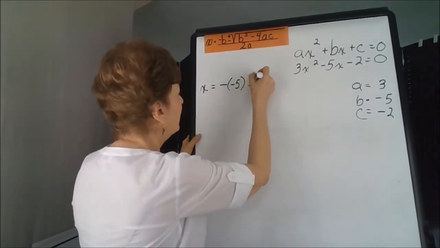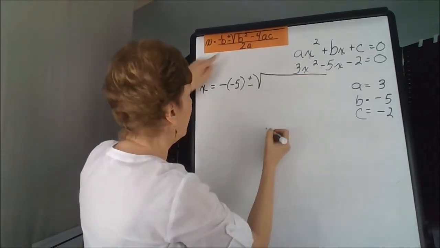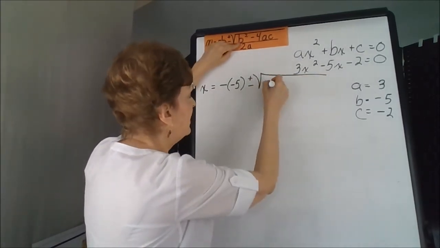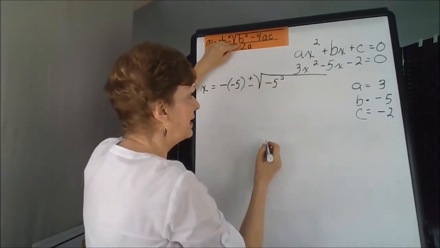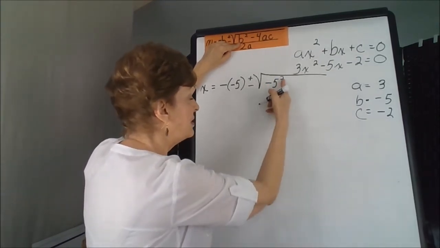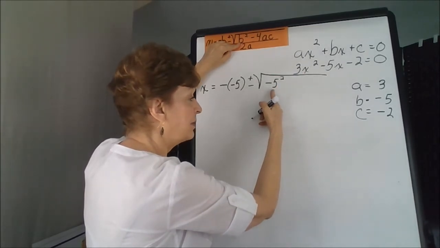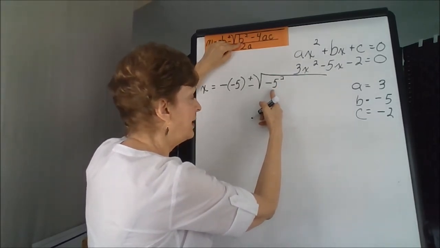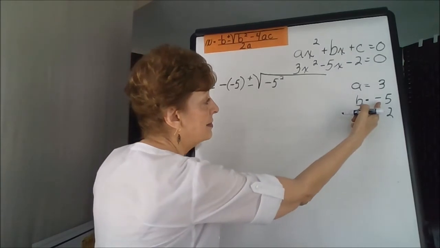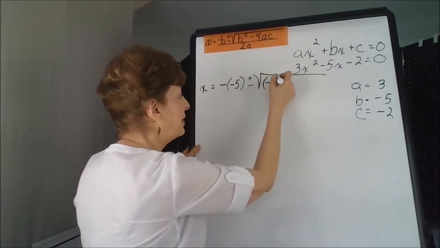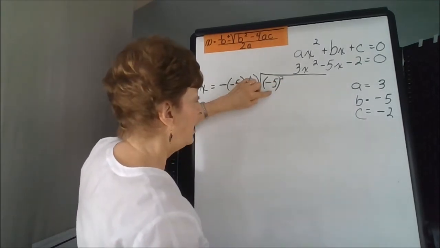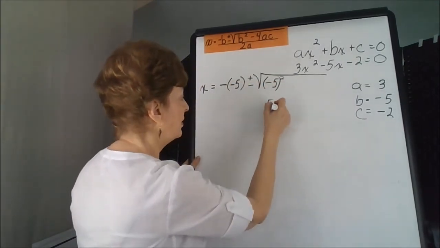Plus or minus the square root of the b squared, that's a negative 5. We can't just put it like that. It really means just what the exponent touches is multiplied. So if you want to include this negative 5, you're going to need to swing a parenthesis around this too, because this means something different.